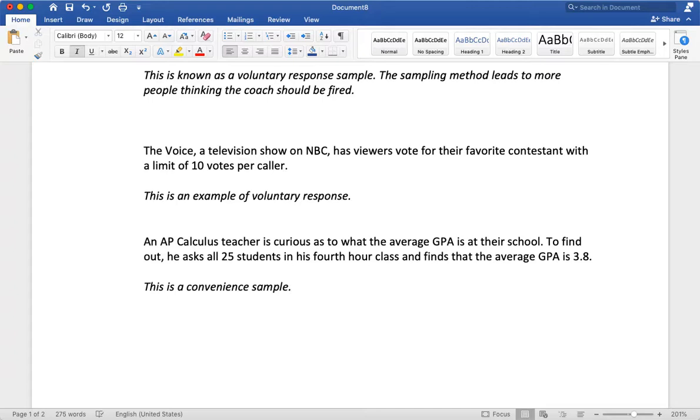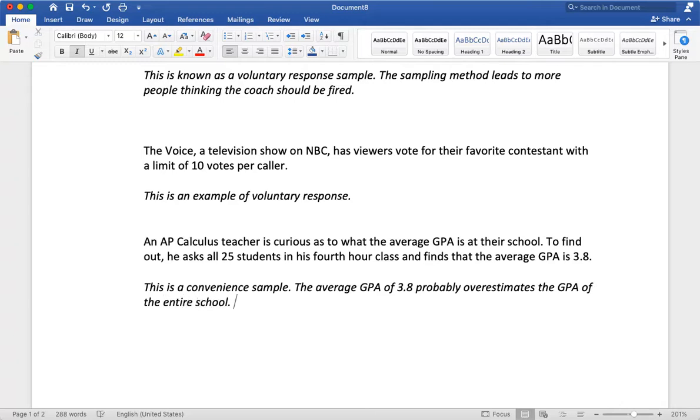So hey, he's trying to figure out what the GPA is at their school, finds out that the average GPA is 3.8. So where do we think the bias leans in this situation? The average GPA of 3.8 probably overestimates the GPA of the entire school.